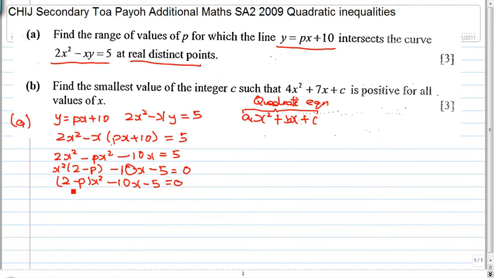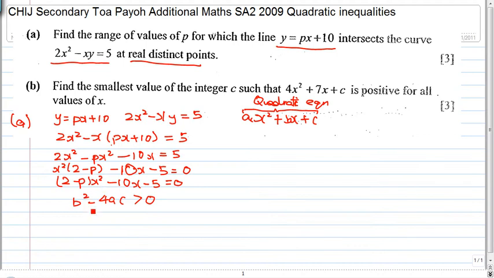Now when we have worked it out to this extent where it looks like a quadratic equation, we can use the discriminant. And since it's got real distinct points, we have to use b squared minus 4ac. It has to be greater than 0 in order to have real distinct points.